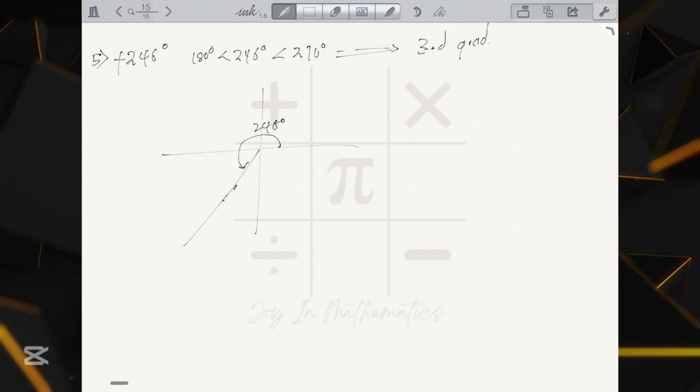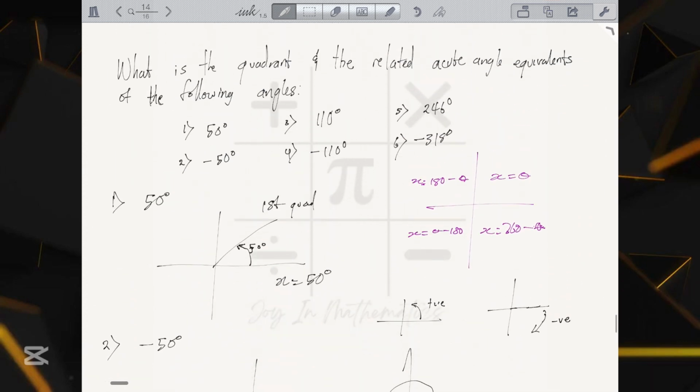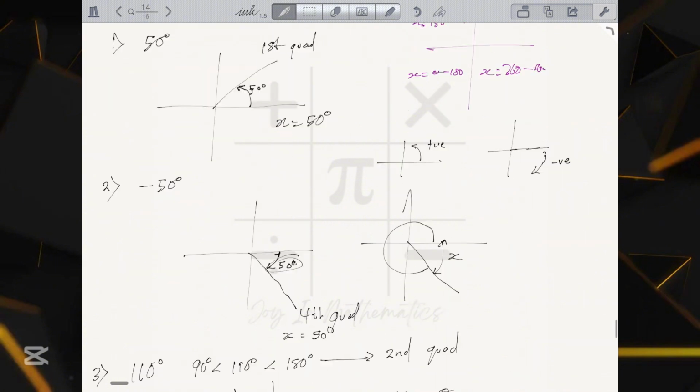And we know that for the third quadrant, the acute angle is simply theta minus 180 degrees. So we are looking for x, and 246 is our theta. So this will give us 246 minus 180 degrees, and this would give us 66 degrees.